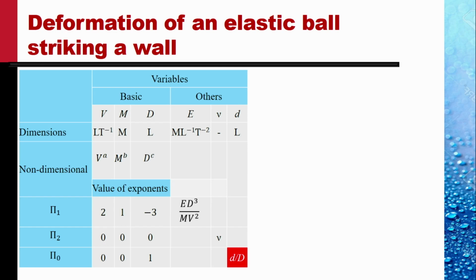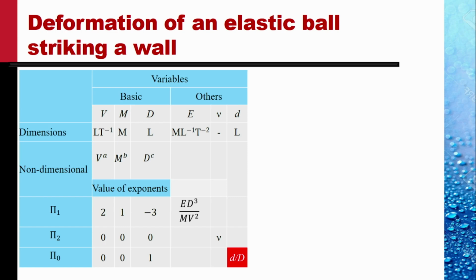Pi 2, the second pi group, refers to nu, which is dimensionless. So this itself is a non-dimensional pi number, nu. No calculation, no analysis needed. And the dependent parameter, non-dimensionalized, is denoted pi 0. And clearly, it would have a dimension of v0, m0, and capital D raised to power 1, so that the non-dimensional dependent parameter is lowercase d by capital D.